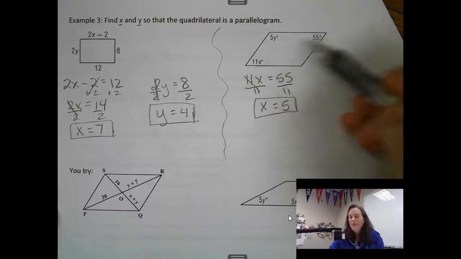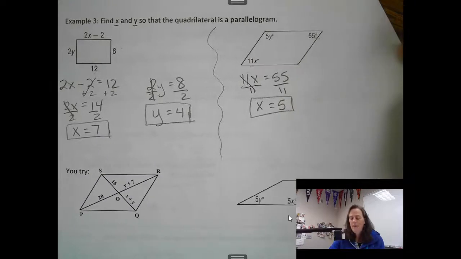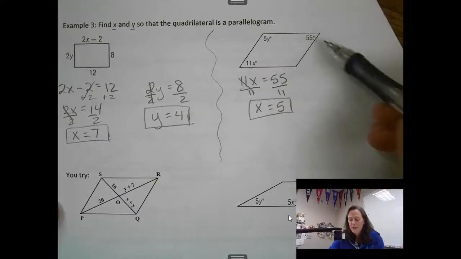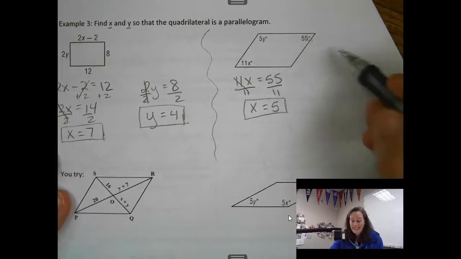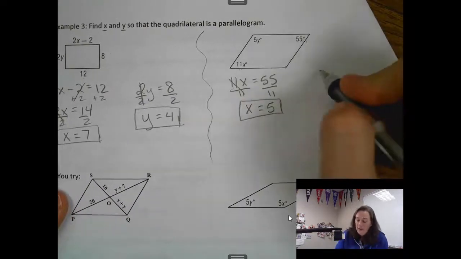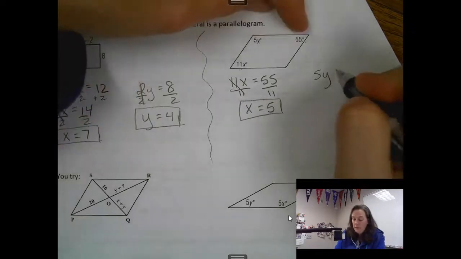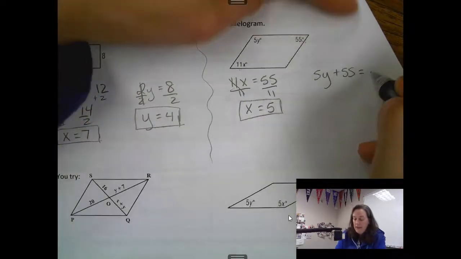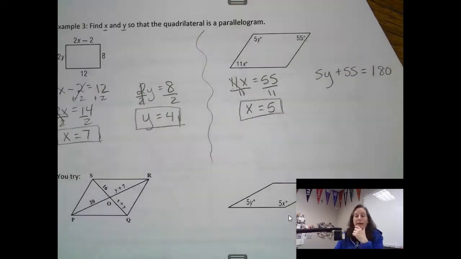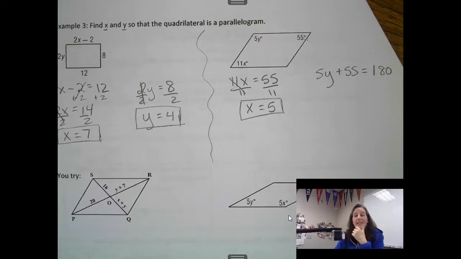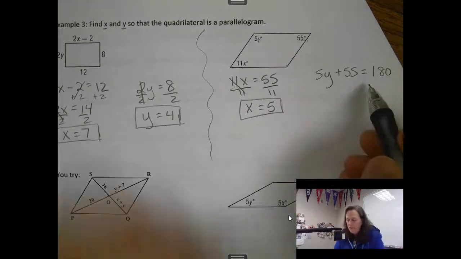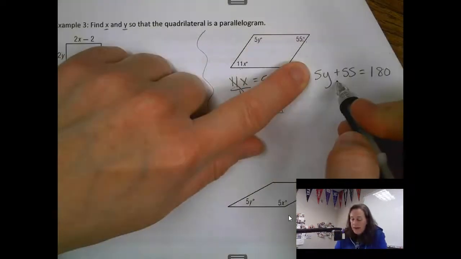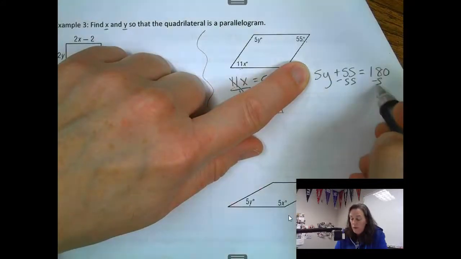Two consecutive angles in a parallelogram, when you add their measures together, they equal 180, right? So we can say 5y plus 55 equals 180. That was on yesterday's paper. So let's do that, and then we just have the y, so we can solve for y.